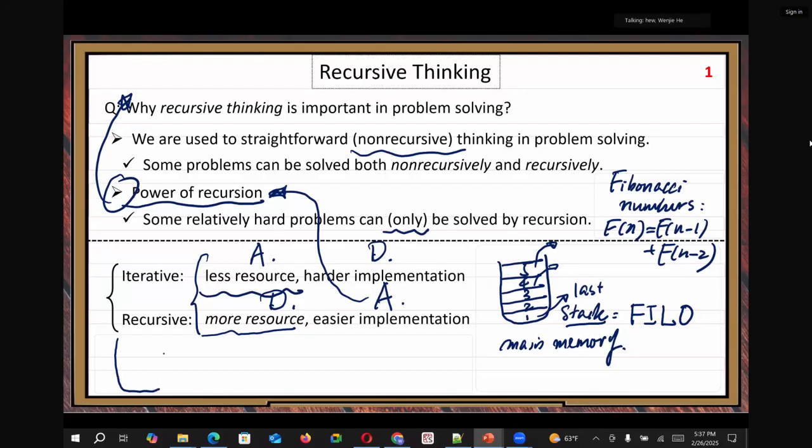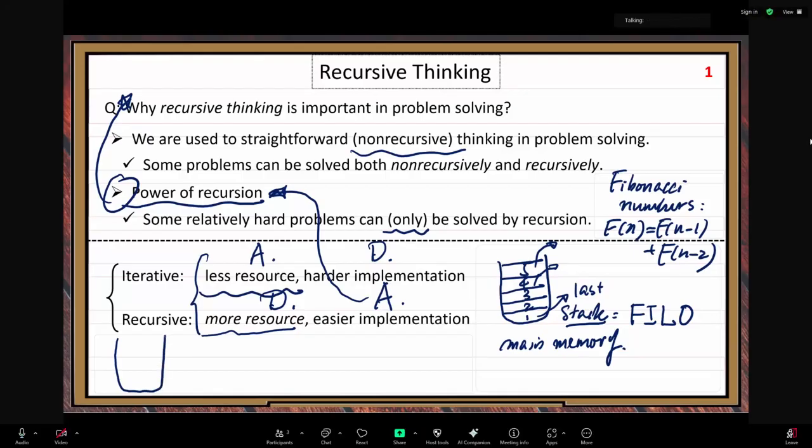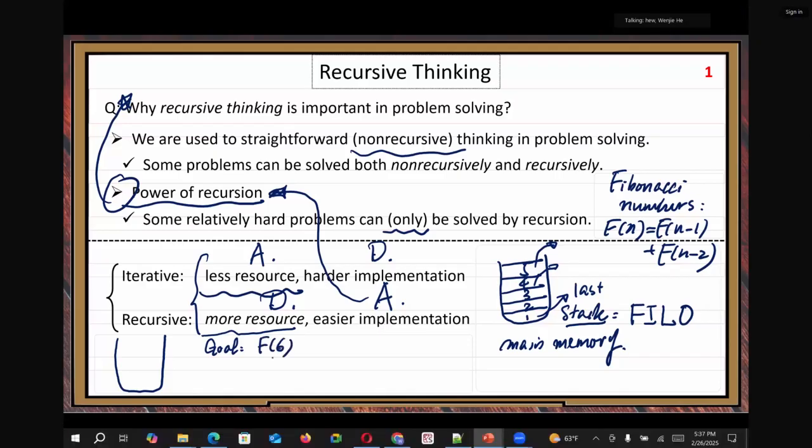So suppose this is an empty stack. So we want to use it to calculate the Fibonacci number. Suppose our goal here is to calculate Fibonacci number f of 6.